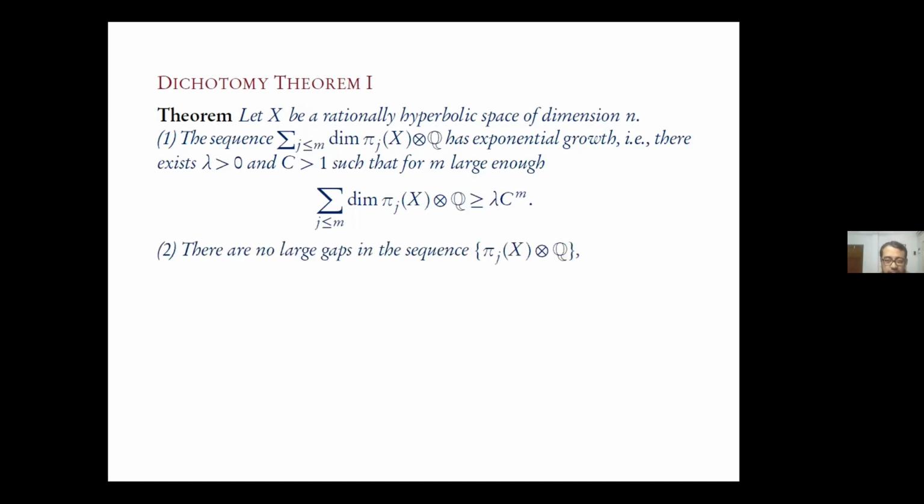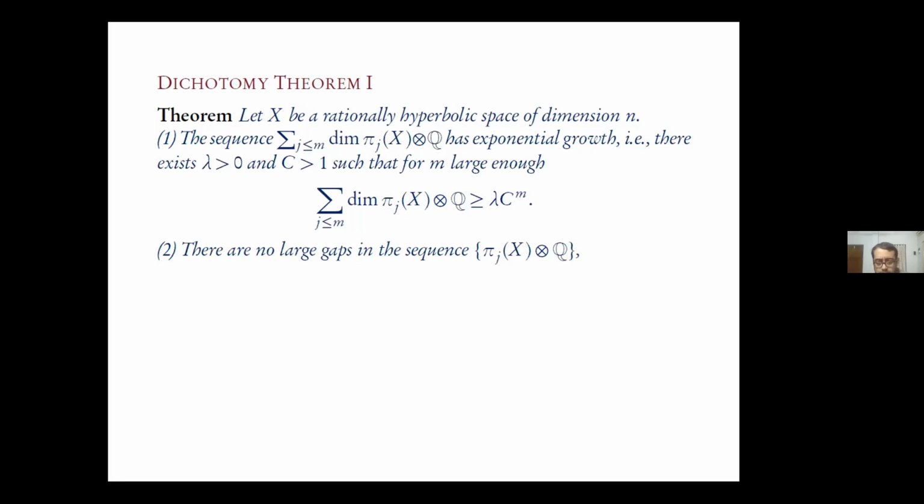The second assertion is that there are no large gaps. Although you have this growth, you might ask, are there large gaps in the sequence? Meaning, are you guaranteed that there is no long run of integers j, j plus 1, j plus 2, up to j plus k, such that all the rational homotopy groups are 0?